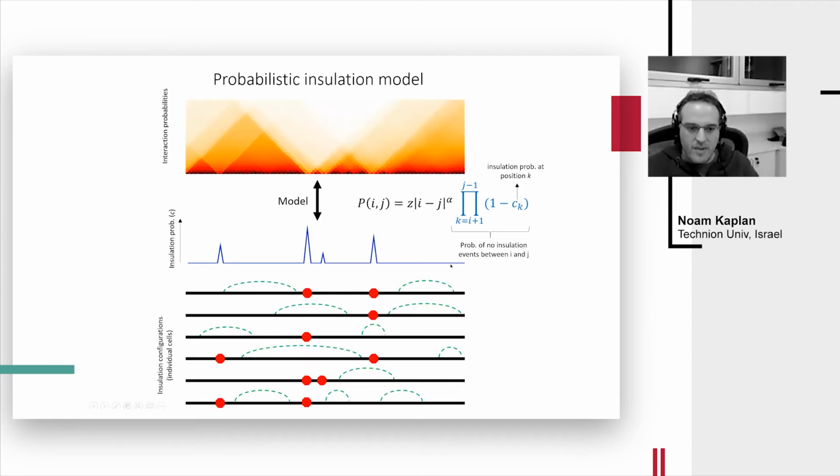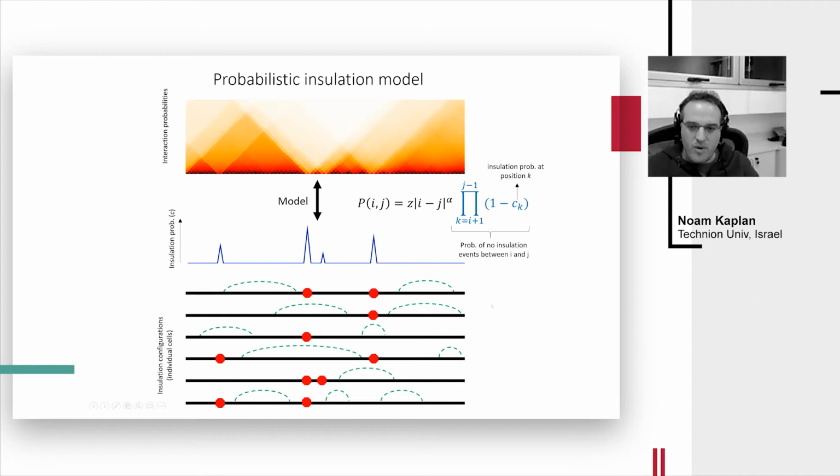So we have individual cells. In every locus, you could either have or not have an insulation event. And when this insulation event happens, it means that you don't have interactions going over it. And apart from that, interactions occur according to the distance, as we specified before. And again, these are independent.